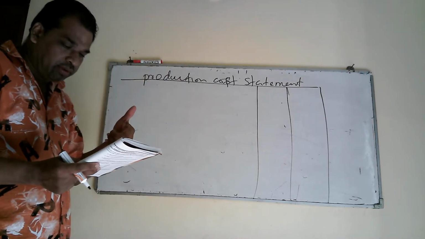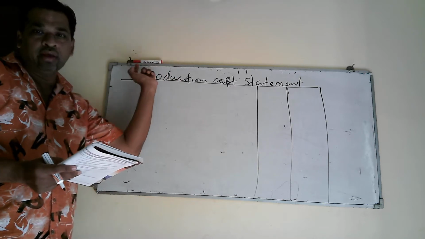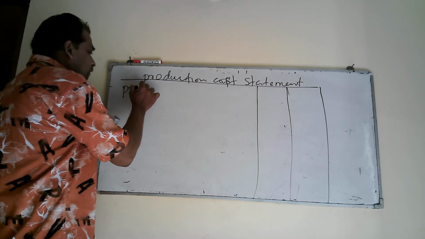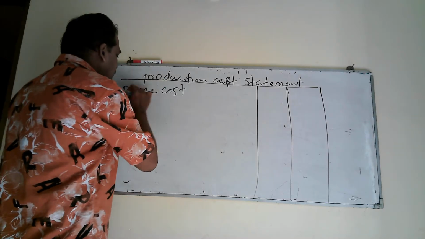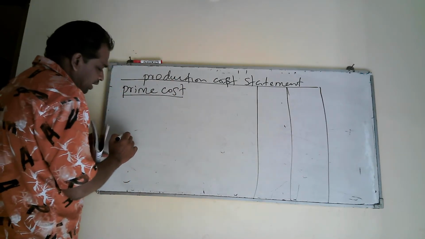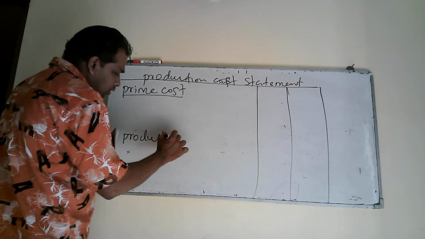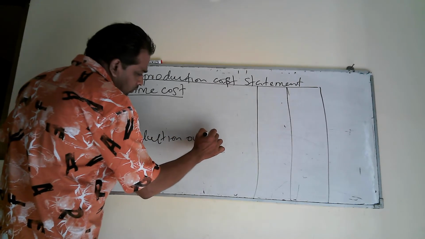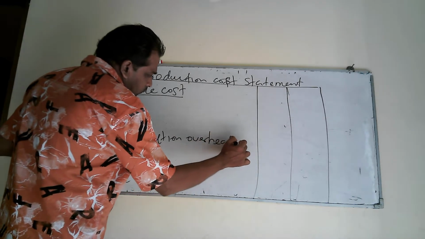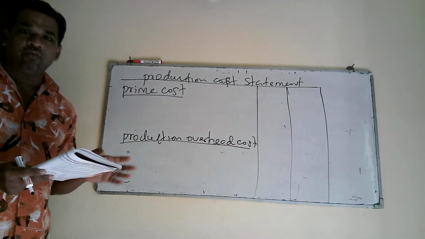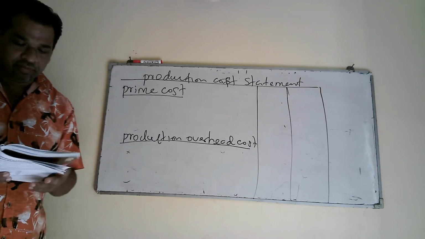In this question they have given details regarding November, so you write for the month of November. Then we can mention prime cost, underline, and below that production overhead cost, then underline. Then we can take the given details from the question one by one.